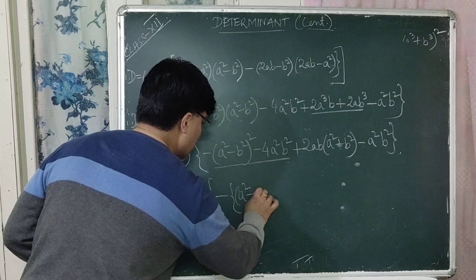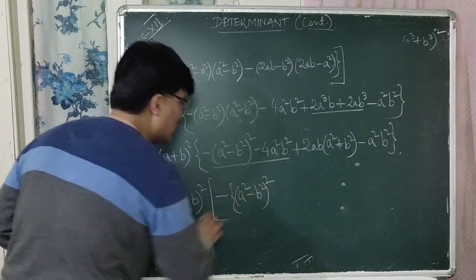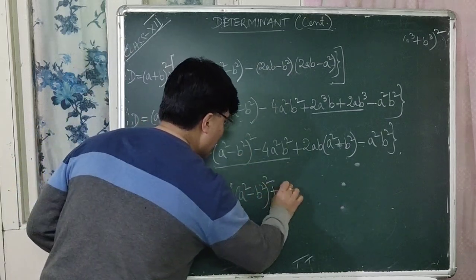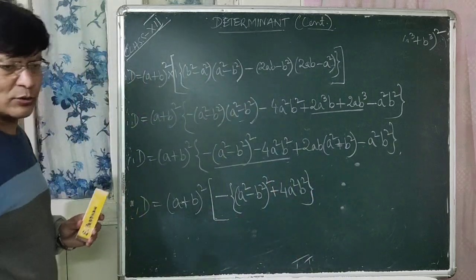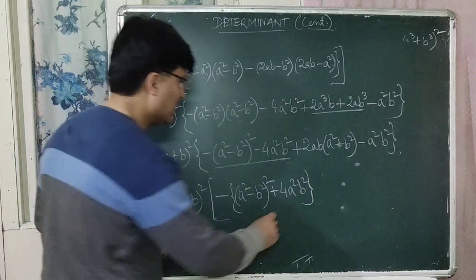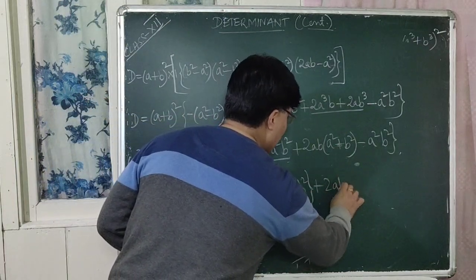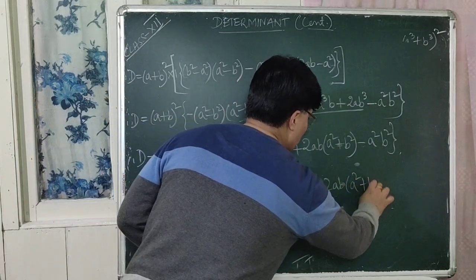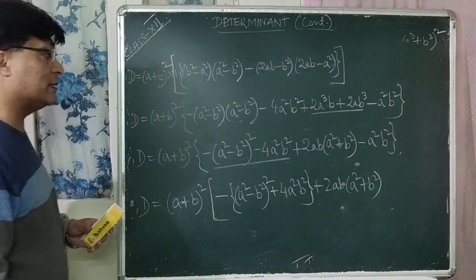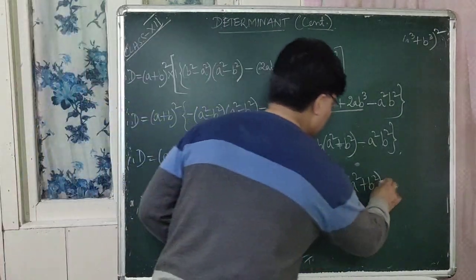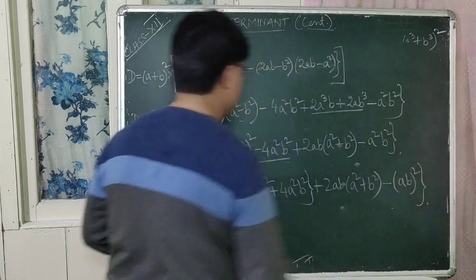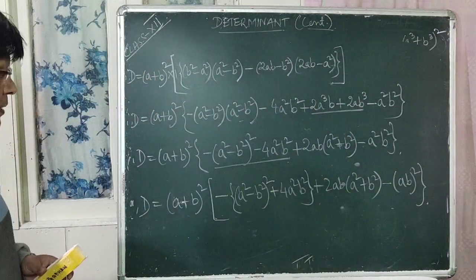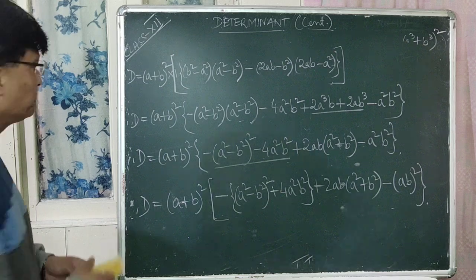So it is (a square minus b square) whole square, minus to minus, plus 4a square b square. Second bracket is closed. Clear? Then plus 2ab into (a square plus b square), right? Then the last one, you can write it as (ab) whole square. Second bracket is closed. Is that clear?